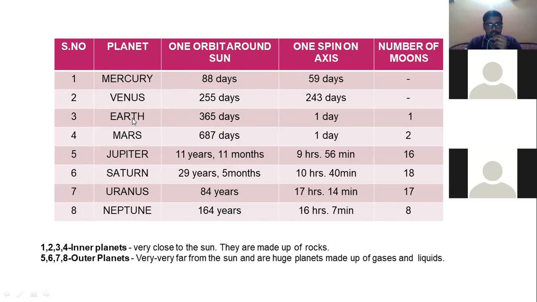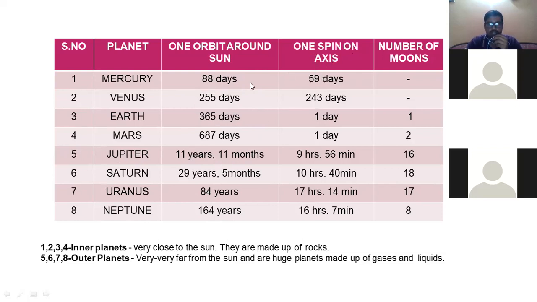Our Mother Earth takes 365 days to complete one circular orbit. The giant planets like Jupiter, Saturn, Uranus, and Neptune take 11 years and 11 months, 29 years, 84 years, and 164 years to complete one orbit around the sun.